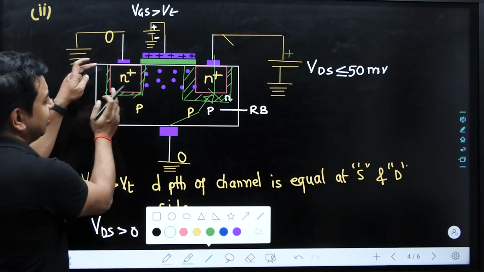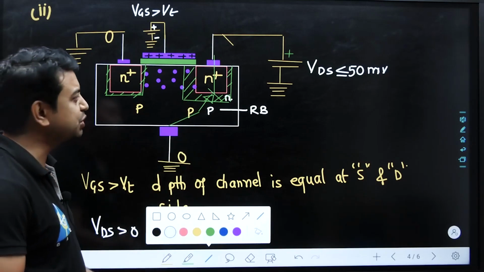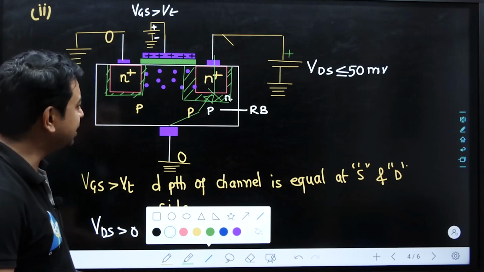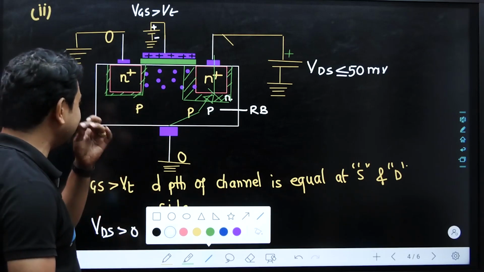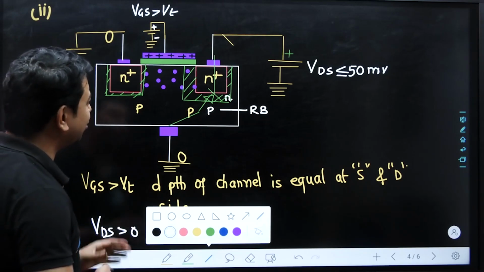So this diode will always be in equilibrium, and to this diode we apply the reverse potential if we increase the potential at the drain terminal. That means if the reverse biasing is increasing and the junction potential is increasing, definitely we have a greater number of ions.